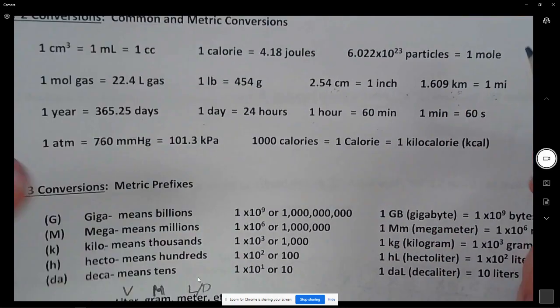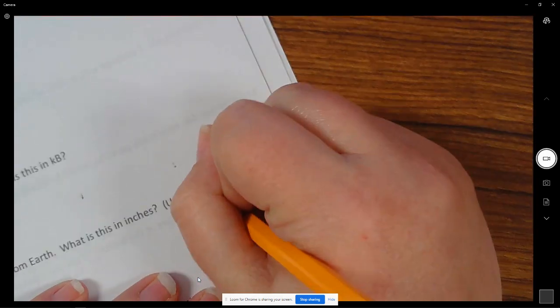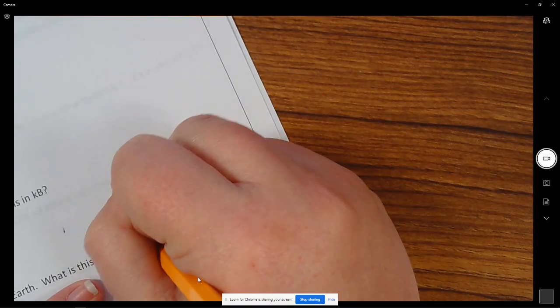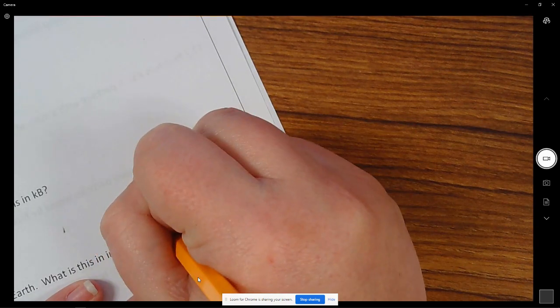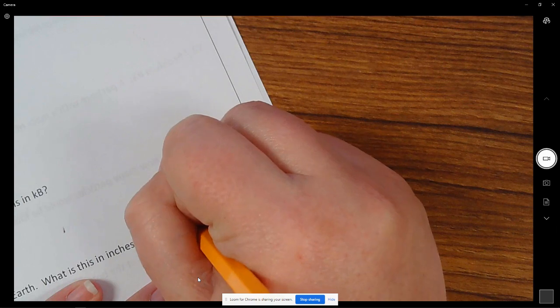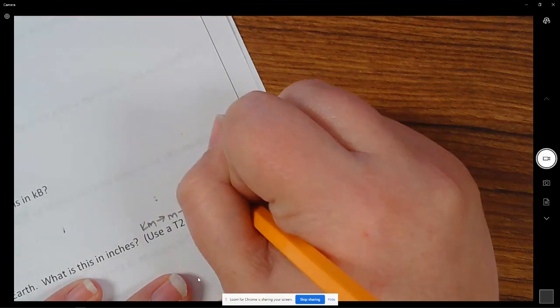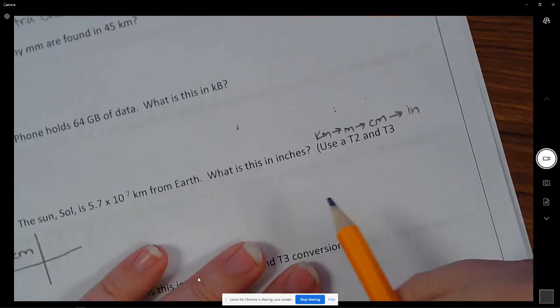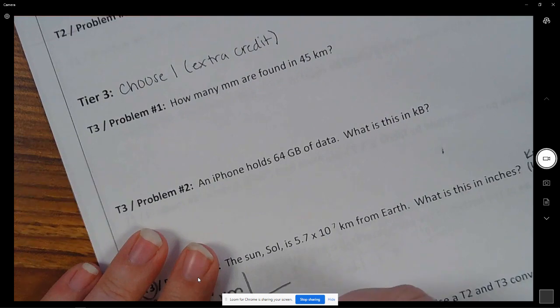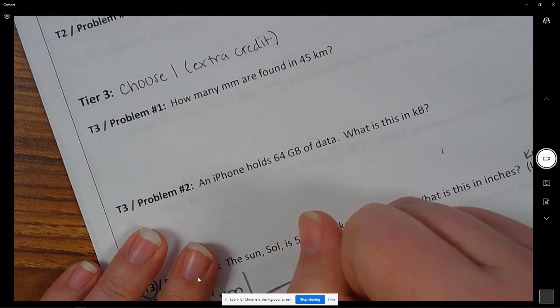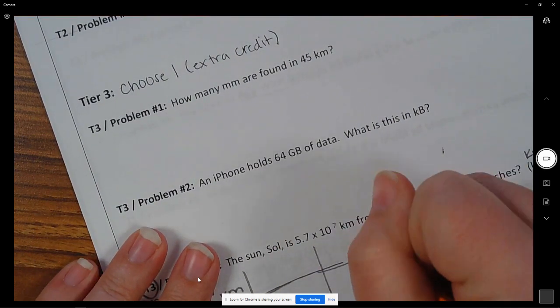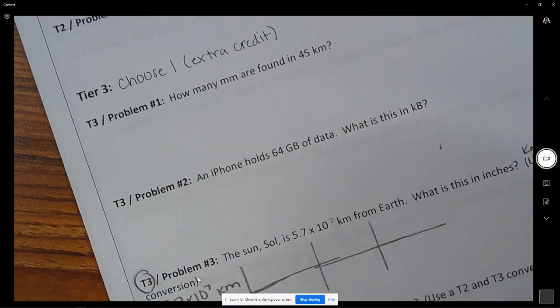It helps to put your path down: I'm going to go from kilometers to meters, from meters to centimeters, and then from centimeters to inches. So it's going to be 3 train tracks.